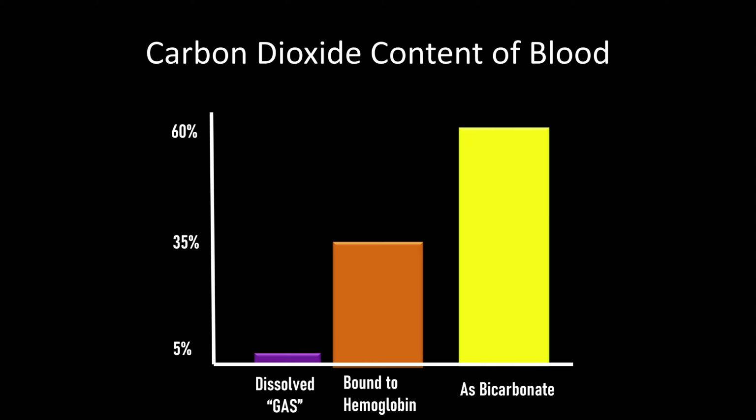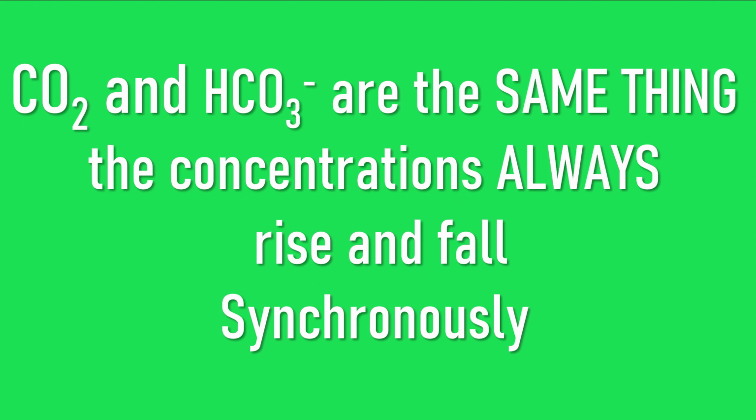It is not some form of renally associated metabolic compensation. That is achieved by wasting chloride in the urine, and that increases plasma strong ion difference. Bicarbonate is CO2. Carbon dioxide and bicarbonate are the same thing and their concentrations always rise and fall synchronously.